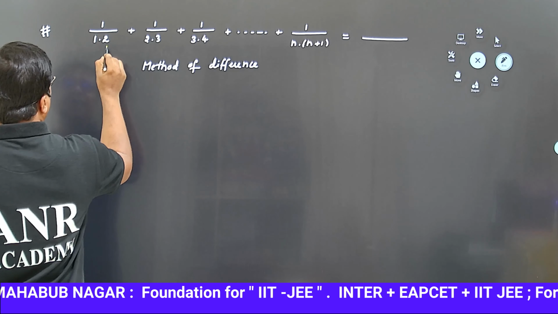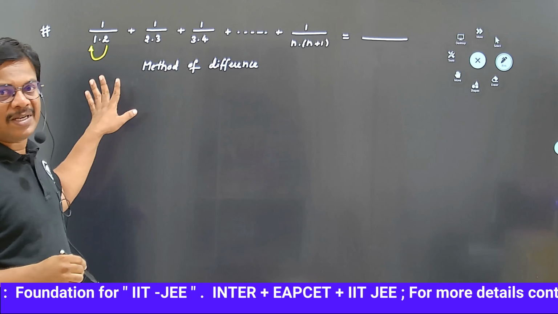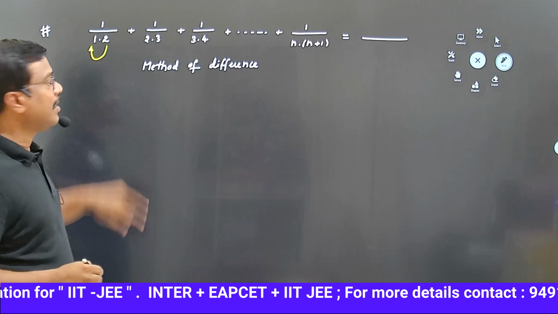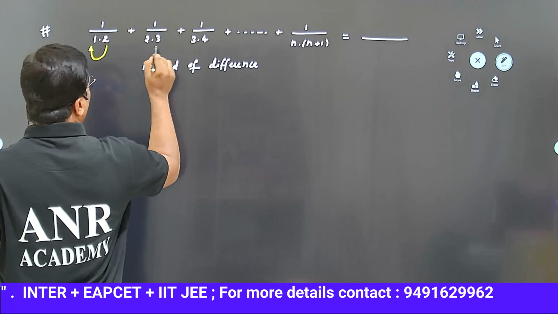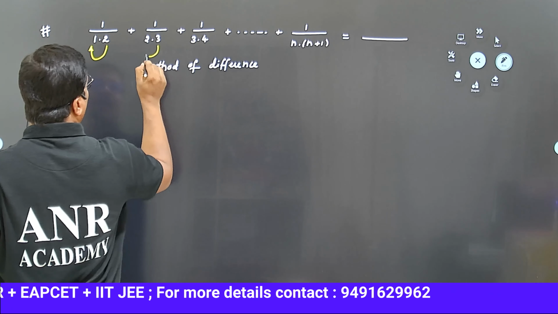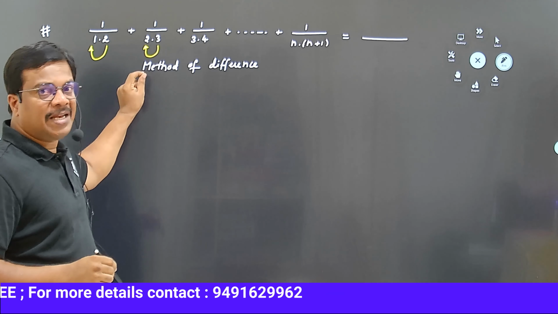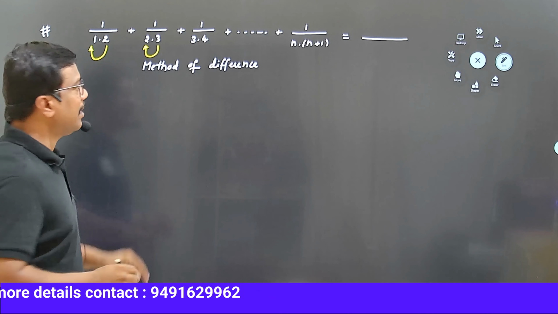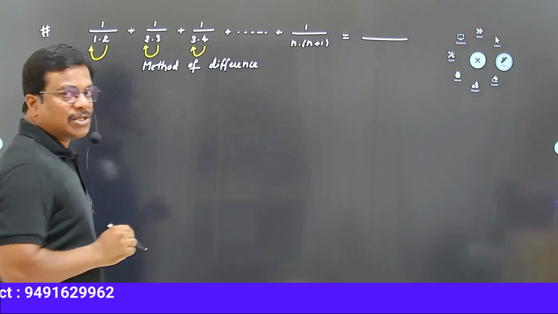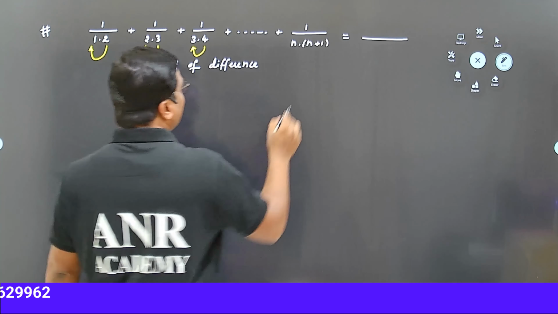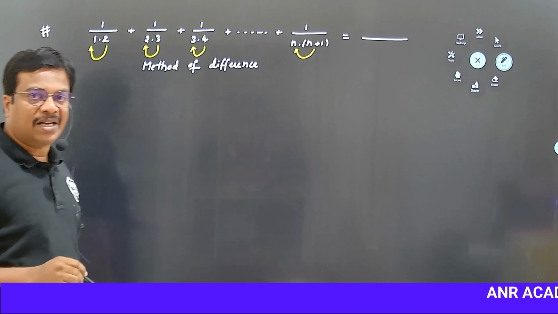From the greater value 2, if you remove the least value, that is 2 minus 1, that becomes 1. That you have in the numerator. Next, again in the second term, greater minus least: 3 minus 2, again 1, in the numerator. Next, 4 minus 3, also 1. From n plus 1, if you remove n we get 1.